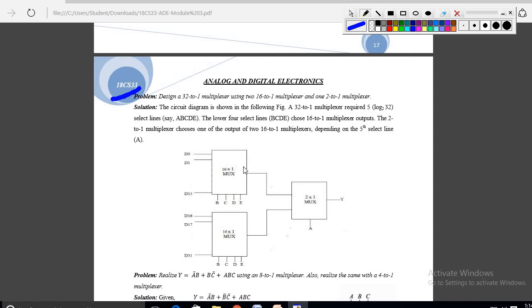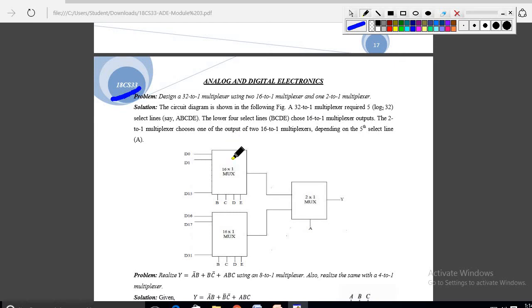So the output of these two multiplexers, I am giving to a 2:1 multiplexer, right? The 2:1 multiplexer again requires one control input. So how many select lines are required here? Five select lines. For that reason they have written log of 32 equals 5.